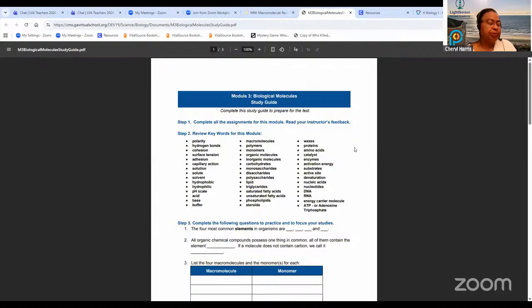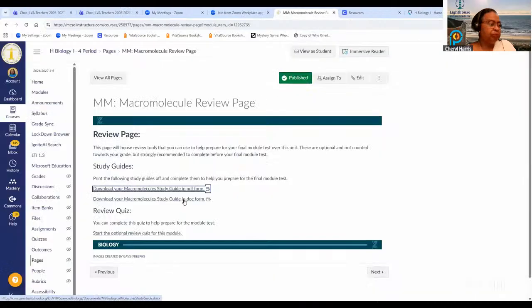So basically the bonus points are where you're with me, where you're participating, and did you take the time to upload it? All right, so I downloaded mine as the PDF because I don't want it in my documents, but you might want to download the other link that says study guide in doc form so that you can write on yours.